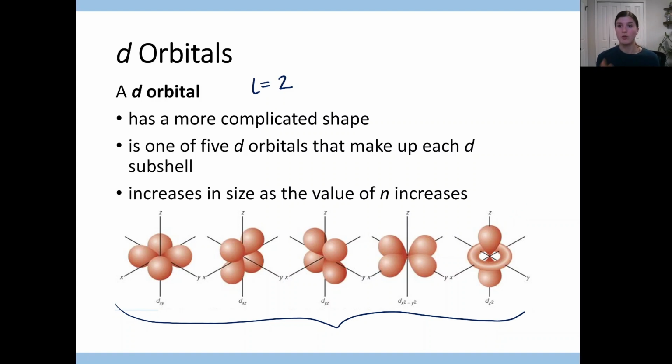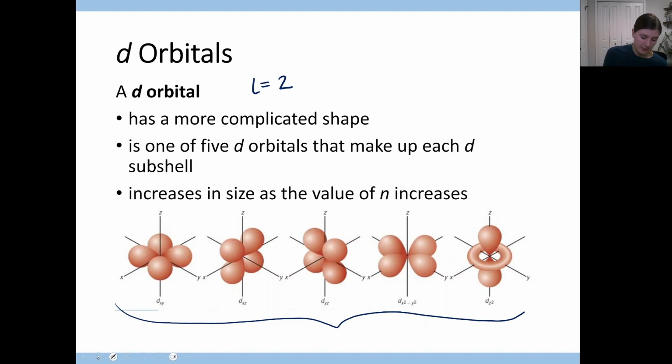Okay, so principal quantum number n tells us energy level and size. Secondary quantum number, which is L, tells us the shape of the orbital, but we know that p orbitals and d orbitals can exist in different orientations.